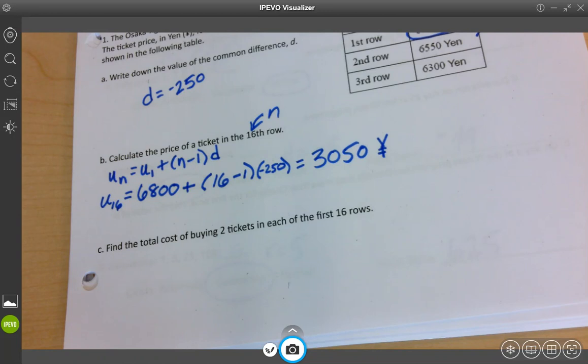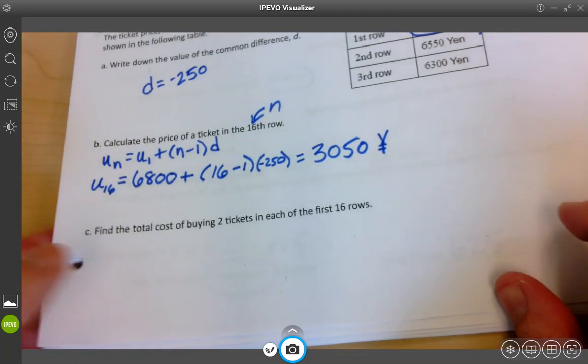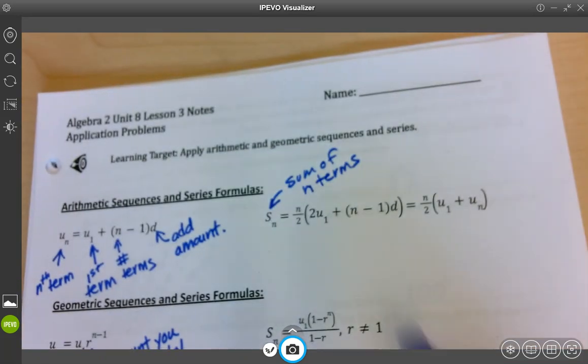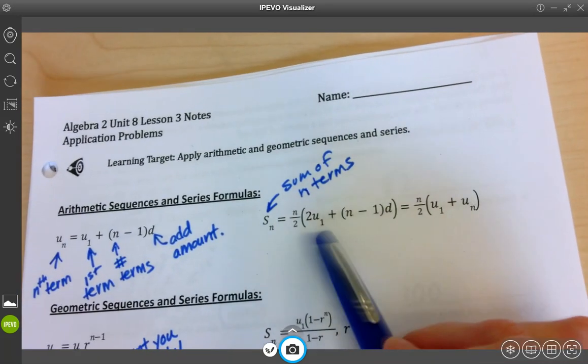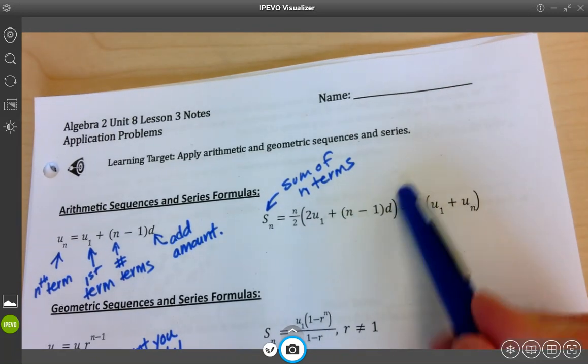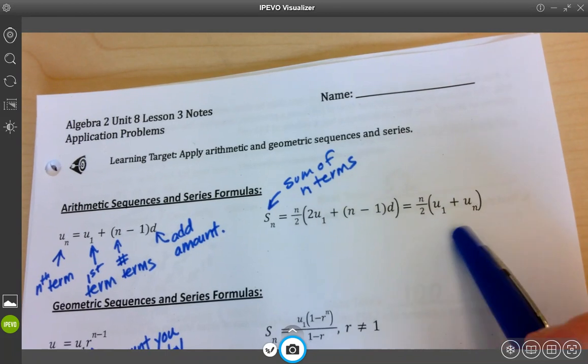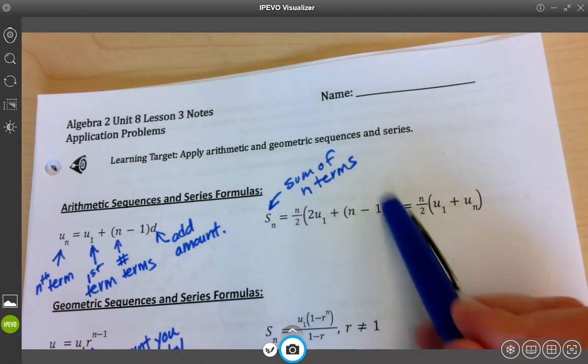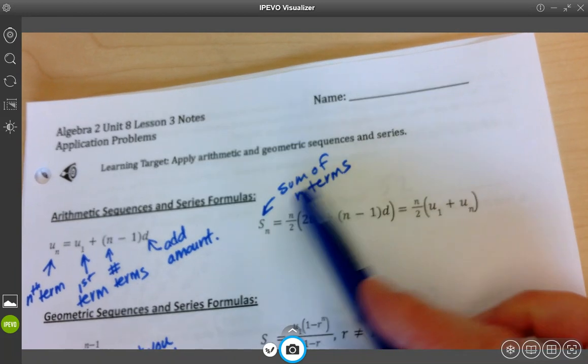Notice that at the top of your paper, you have 2 formulas. So let's think about which formula are we going to use? This is a formula, right? And that's a formula. This is my friendly formula. This is the one that Gauss used to add up those 100 numbers from 1 to 100, right? This one is a little bit longer, but why is this one good?